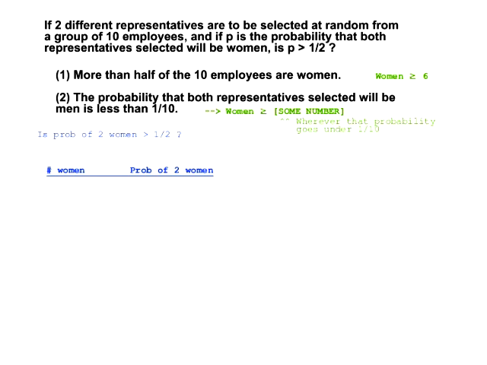If you have 6 women, then the probability of 2 women is 6 over 10 times 5 over 9.